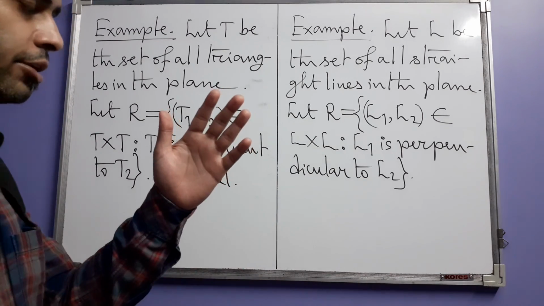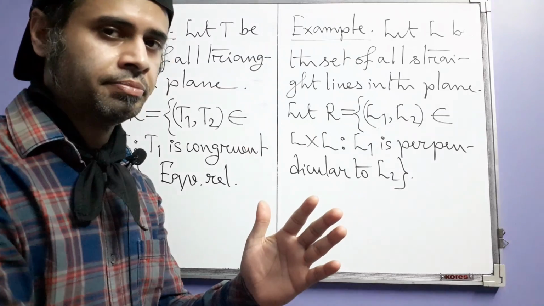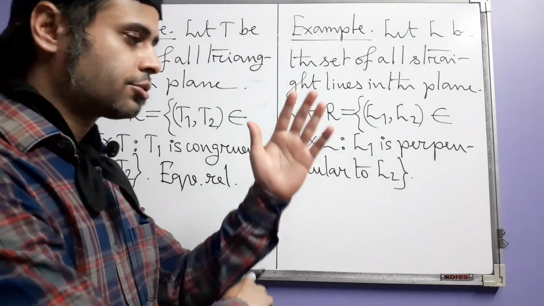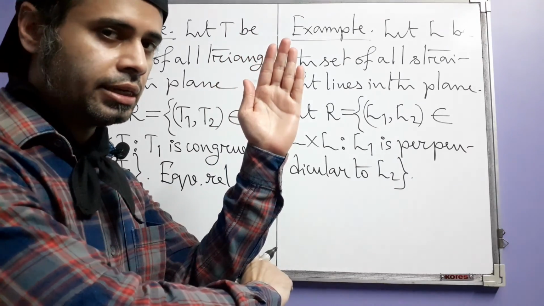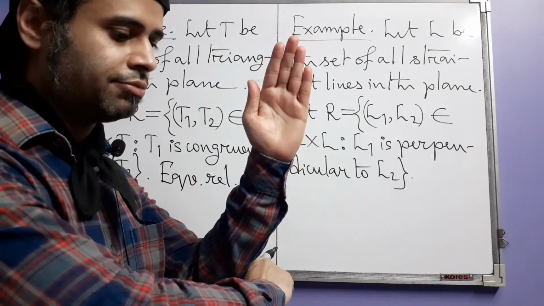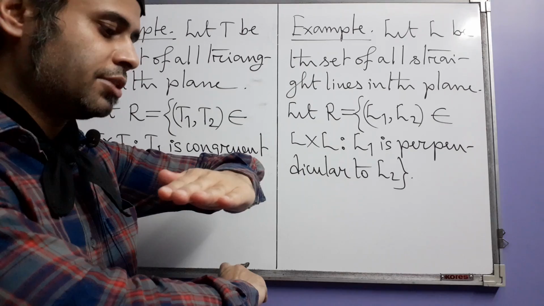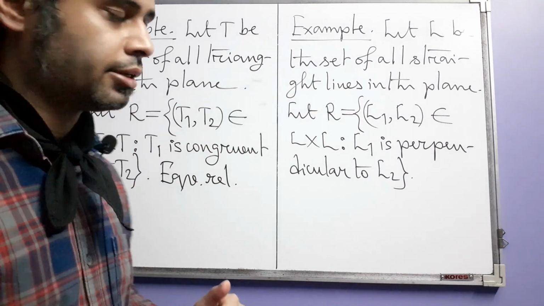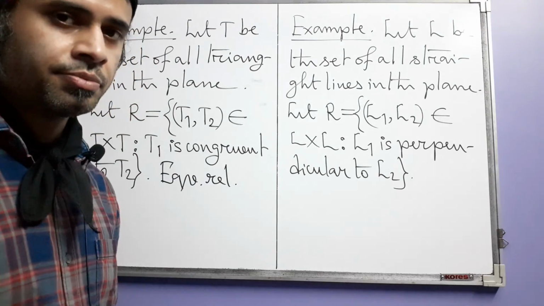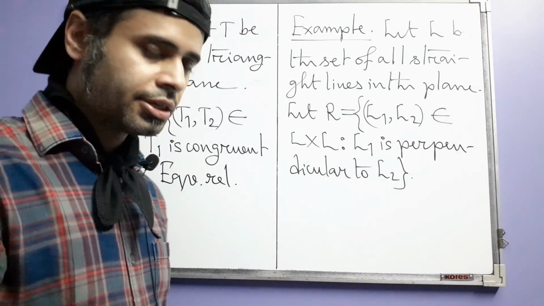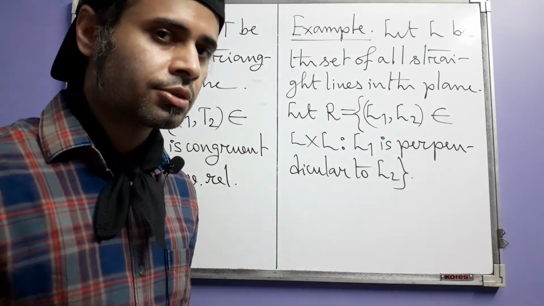The relation of perpendicularity either relates two lines, for example, these two lines will be related to each other if they are perpendicular, but if they are like this or if they are parallel, then they are not related. Is this relation reflexive? Is a line perpendicular to itself? No, of course not.